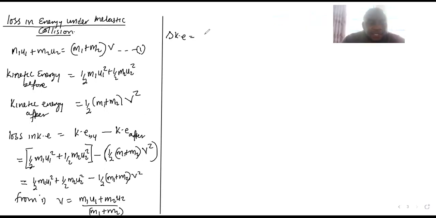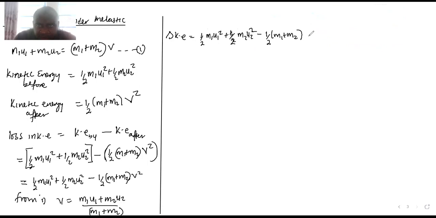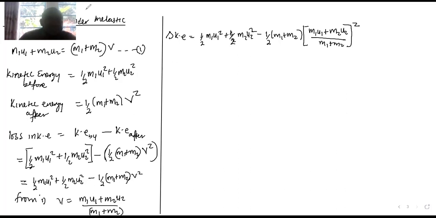Change in kinetic energy is going to be equal to half of M1 U1 squared plus half of M2 U2 squared minus half of M1 plus M2 close brackets times V squared. We have realized our V is actually M1 U1 plus M2 U2 all divided by M1 plus M2, close bracket, raise this to the square. This is where I need skills of algebra.